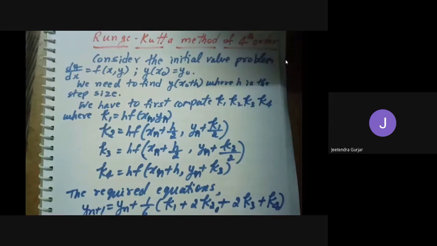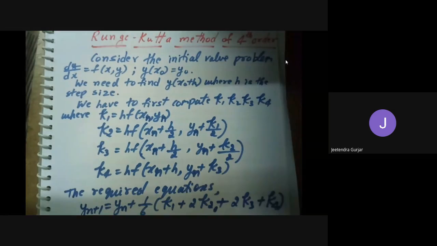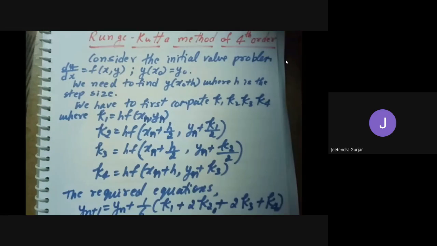We get the accurate approximation in k4 itself. So when we add in y n plus 1, the required equation, it is going to adjust with the accurate values. We will go immediately to solving the example.